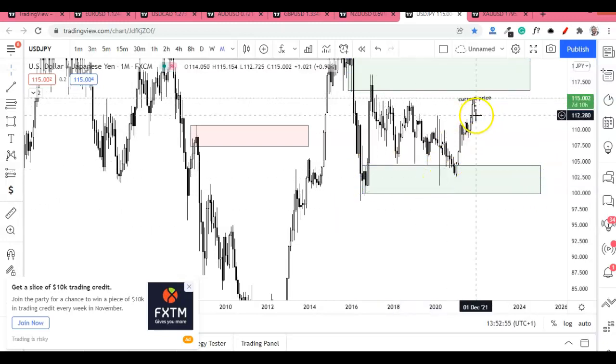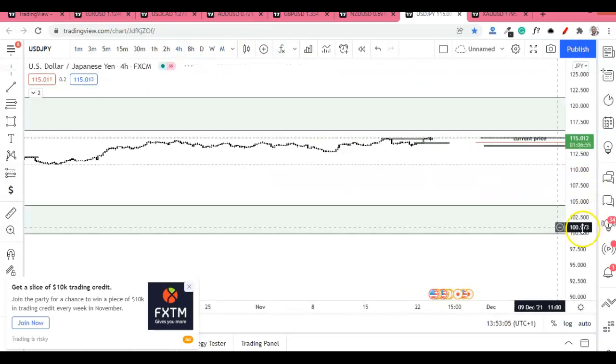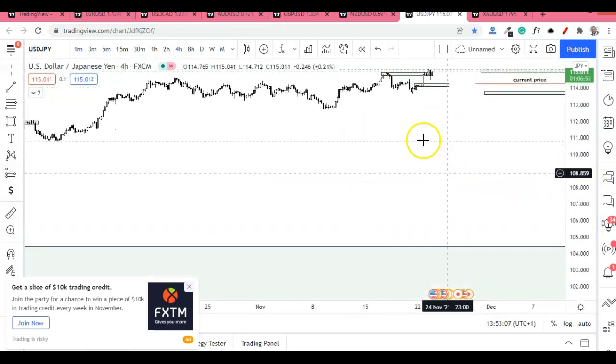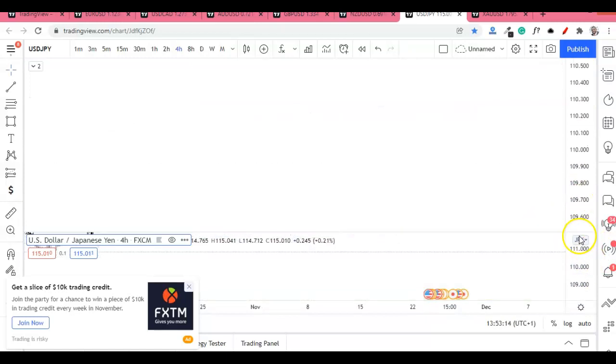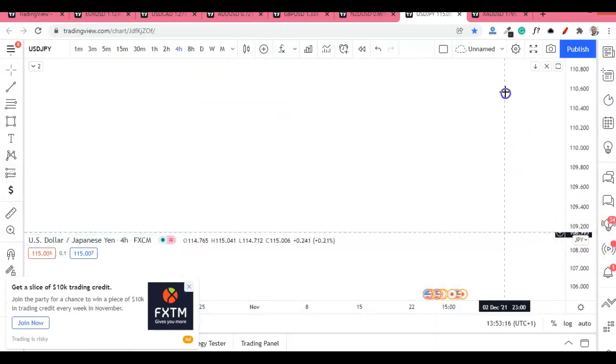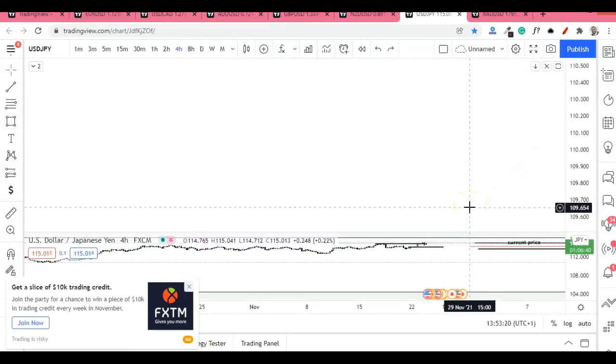You identify by doing one thing, 3 things. Look at the current price. Okay, let me see if I can come to a lower. Look at the current price.